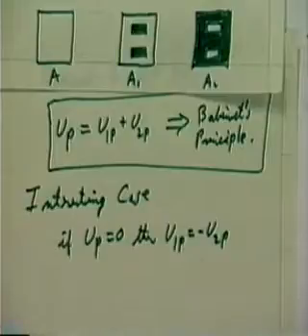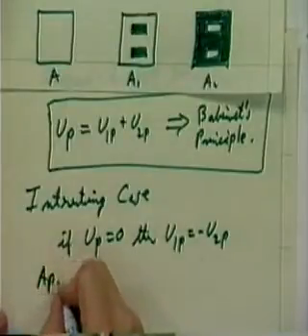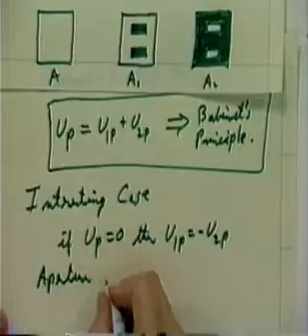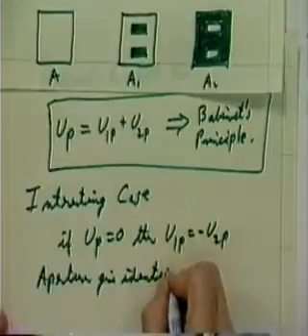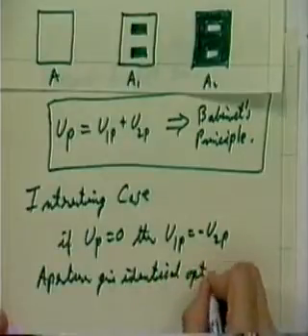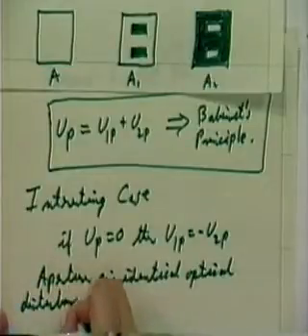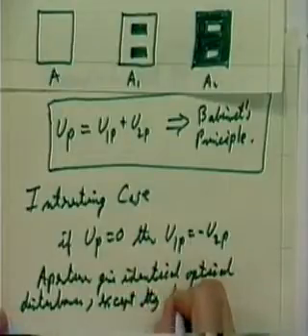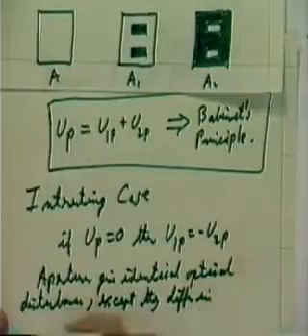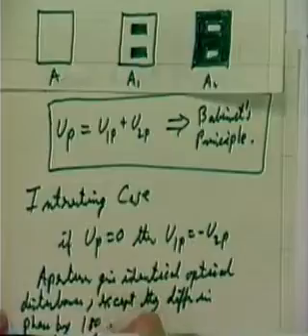Okay. So in this case, the apertures give identical optical disturbance, except they differ in phase by 180 degrees.